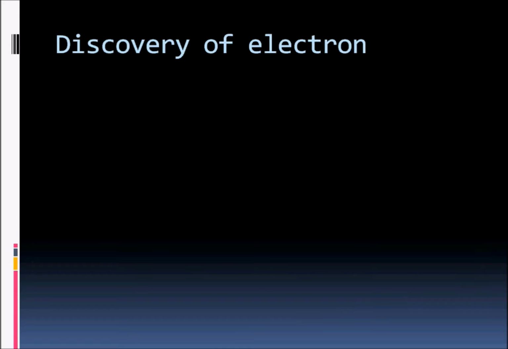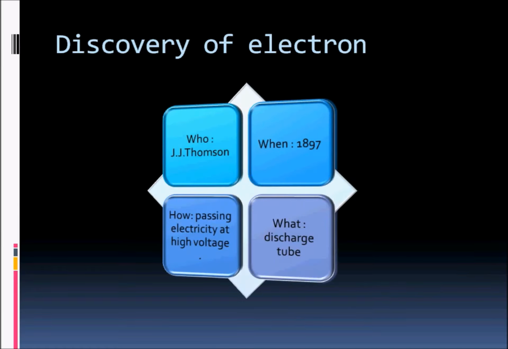Discovery of electron by cathode ray experiment. How? The existence of electron in an atom was actually shown by J.J. Thomson in 1897. He passed electricity of a high voltage through a gas at a very low pressure.